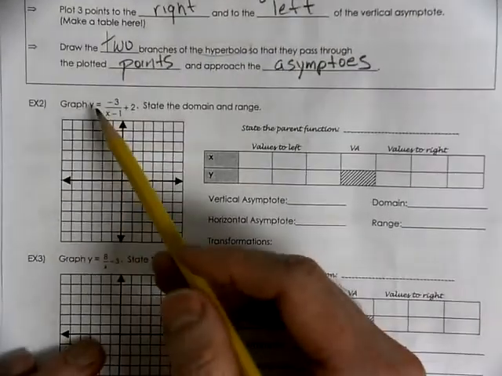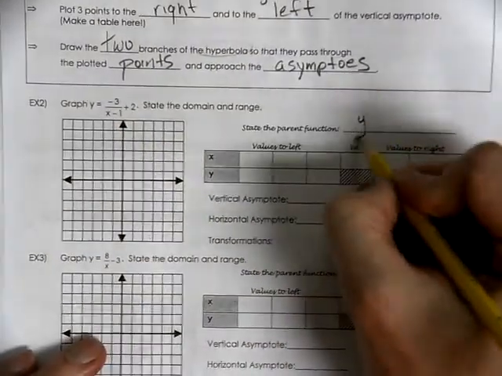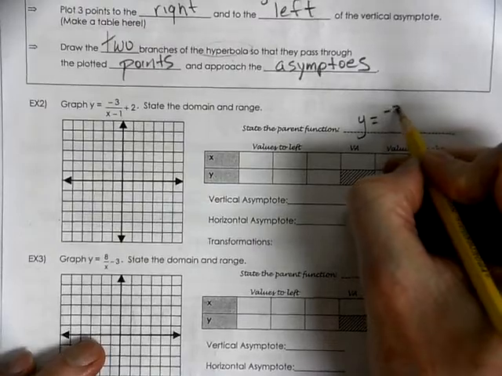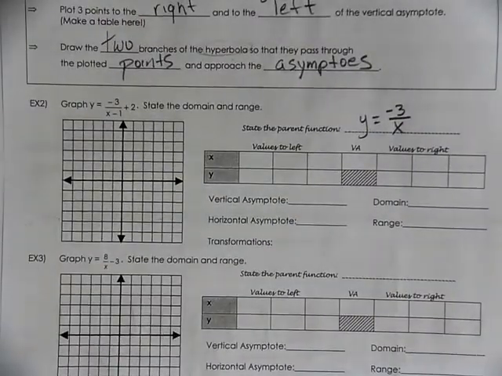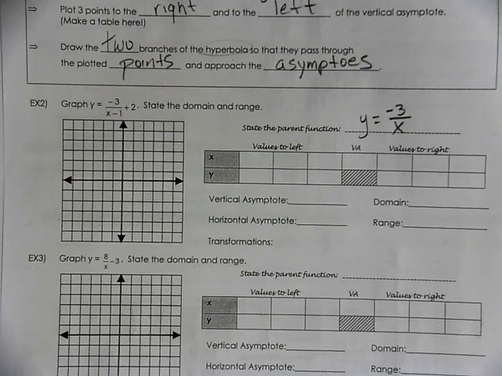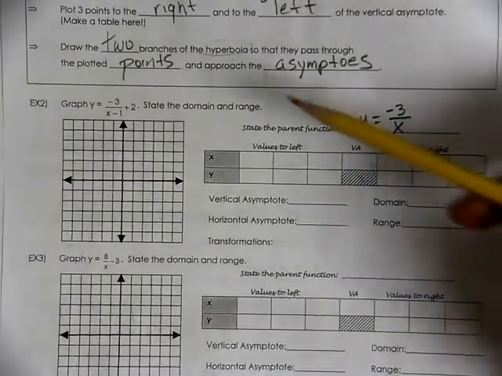So this graph here is going to look very much like negative 3 over x. You could consider that its parent function, or you could even do 3 over x, and then it has a reflection over the x-axis, and then it has a translation.